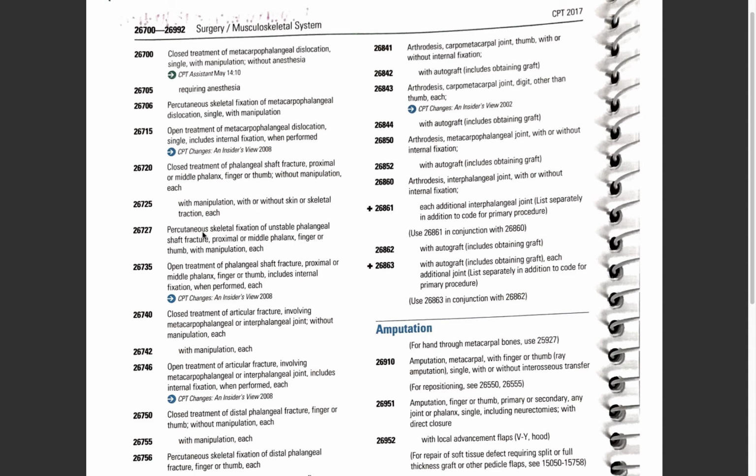We're looking for a closed treatment, and they did not mention manipulating the patient or reducing the fracture. So we need one without manipulation, which is 26720, closed treatment of phalangeal shaft, proximal or middle, finger or thumb, without manipulation each. We only had one finger that was fractured, so our code is 26720.